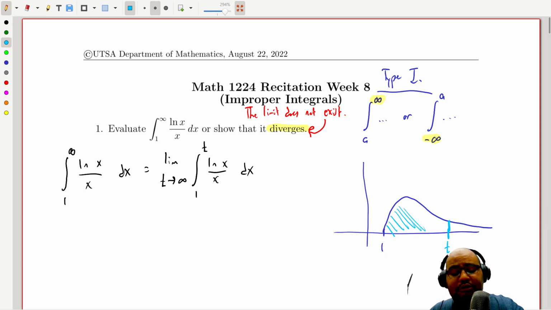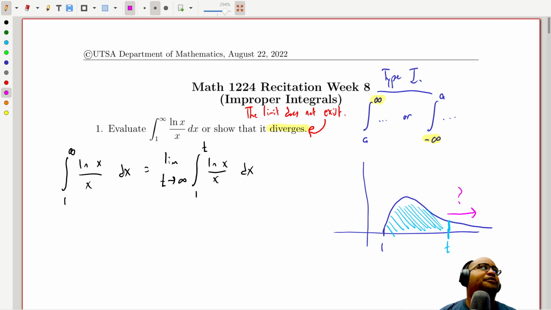Now I want to look at this area that I'm coloring in, and I want to see what happens as I move that outer boundary out to infinity. Does this region have some sort of finite area? Does it reach a limit, or does it become unbounded? That's our main question. So we'll first handle the definite integral from 1 to t, and then we'll tackle the limit.